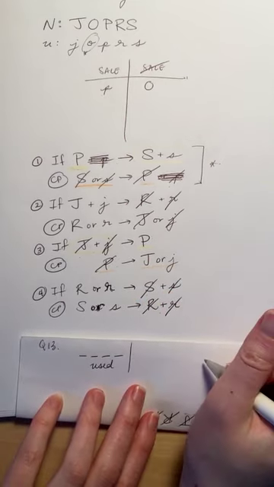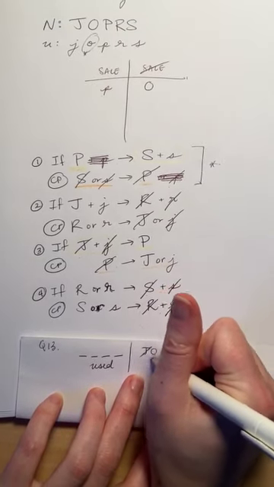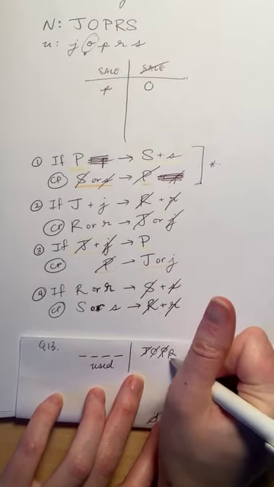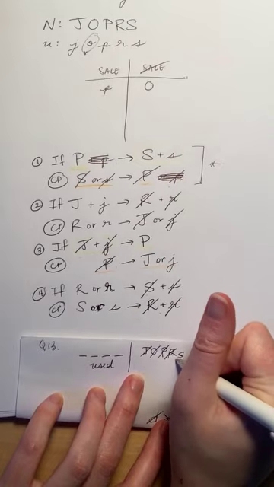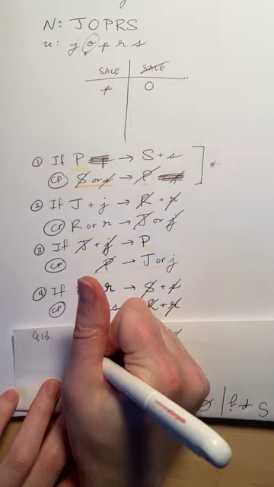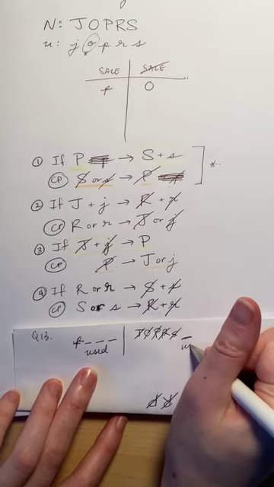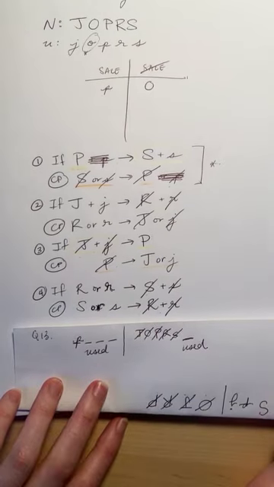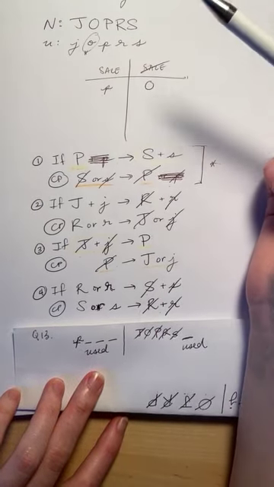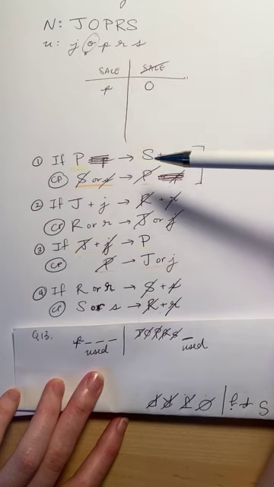So that means all the new ones are out. J, O, P, R, S, all of those guys are out. P is going to be one of these spots, and we're going to have 1 used CD out, 4 out of the 5, okay? So what can we say here?